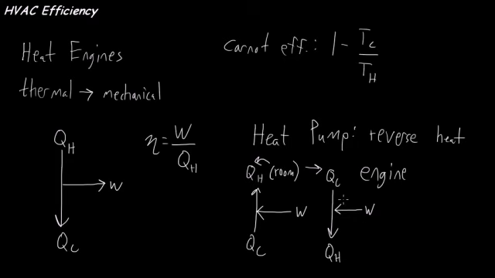So you can see that I'm still extracting heat from something colder and putting it in something warmer. But physically, the direction has changed. Whereas before I was dumping heat into the room, now I'm taking heat out of the room, putting it outside. So the first is for heating in the winter. This is for cooling in the summer. And we do that by using a reversing valve on the refrigeration part of the heat pump.